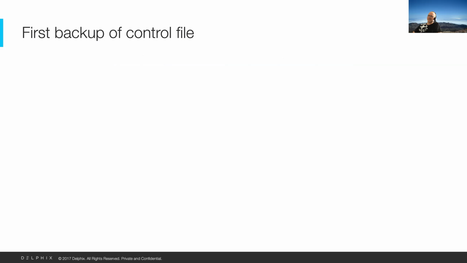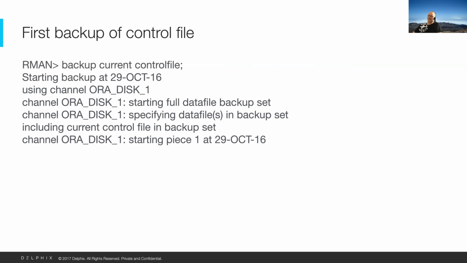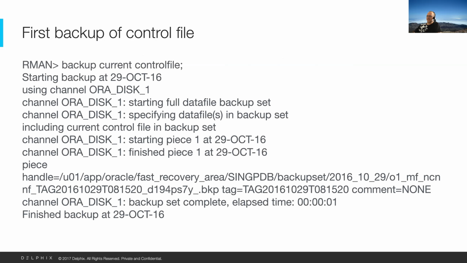And basically when you run the command, RMAN will create a read-only copy of the control file, like a snapshot of it, and it will create a backup of the control file in the location you specified.